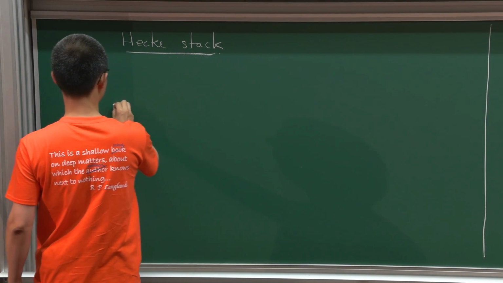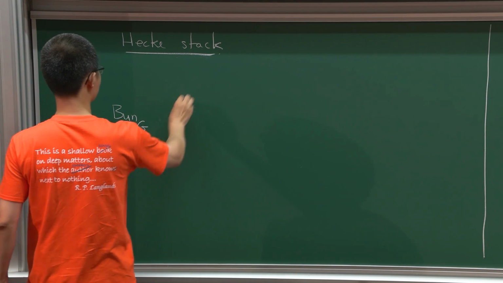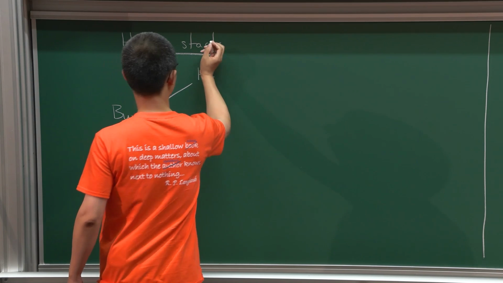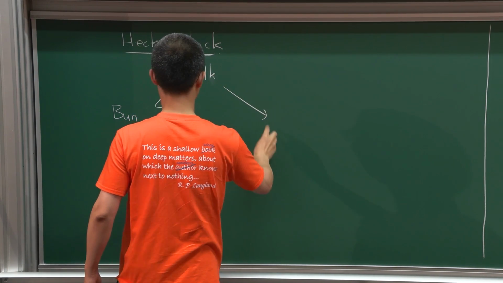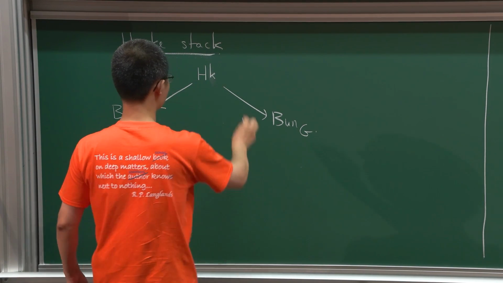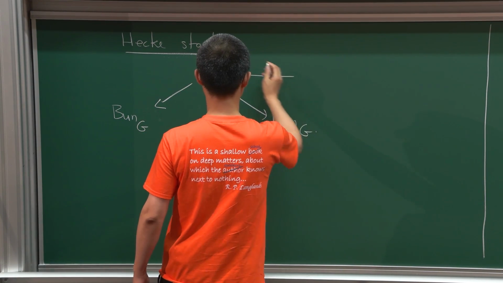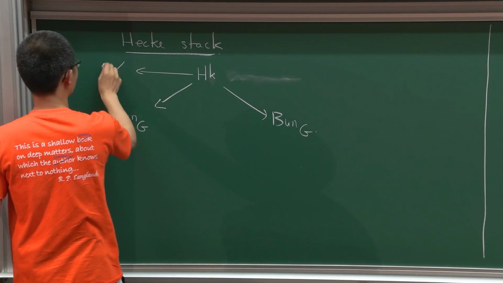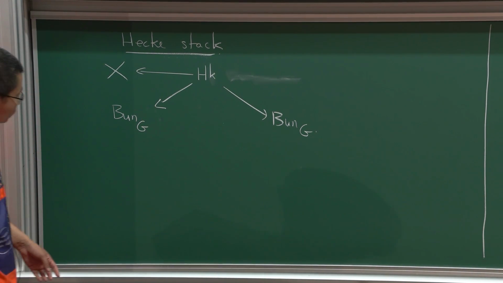The Hecke stack is a correspondence between Bun_G and itself, and it also maps to the curve.